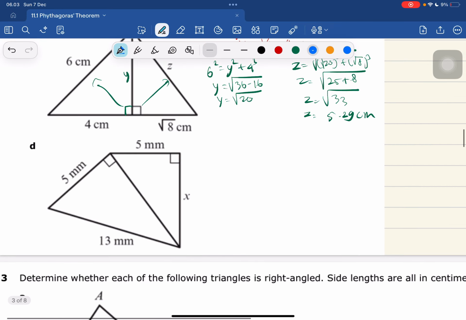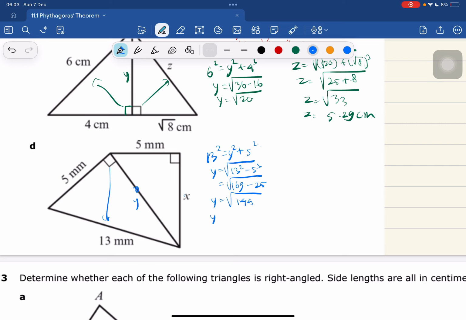Okay, next. Before we find x, we need to know this length. So this hypotenuse is y. So 13 squared equals y squared plus 5 squared. So y equals the square root of 13 squared minus 5 squared. So 13 squared is 169 minus 25, which is 144. So y is 12.